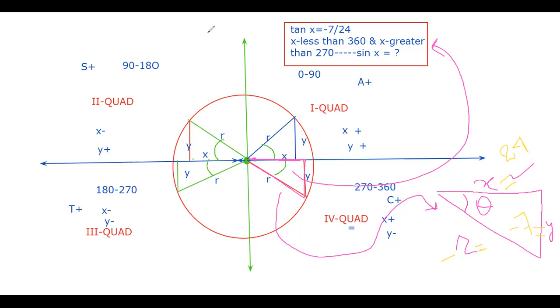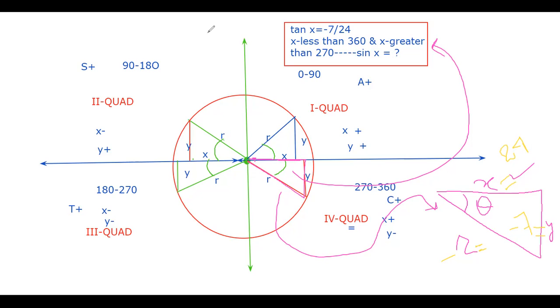If we are in the fourth quadrant, we will have to take the value of y as negative, because for any point in the fourth quadrant, you will have to take x positive and y negative. Don't think about why the length is negative. This is just the location of the point. So that's why y is -7: we are not talking about length, we are talking about the locations of the points.